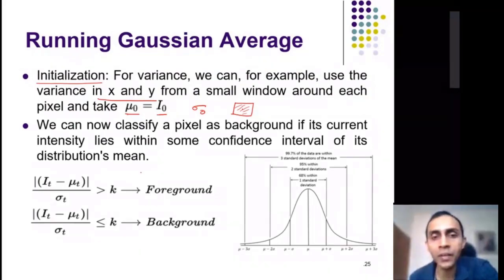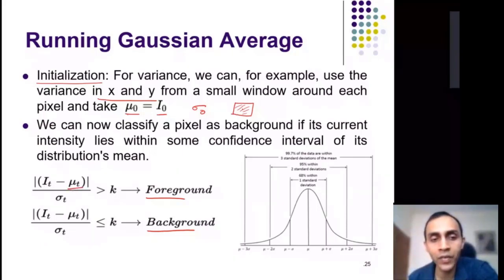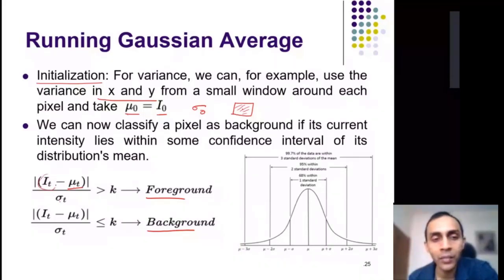Now, how do you decide whether a particular pixel region is part of the foreground or the background? You can classify that using a simple heuristic. Using our current mean and current variance, you can see how far the current observation is from the mean of the Gaussian.